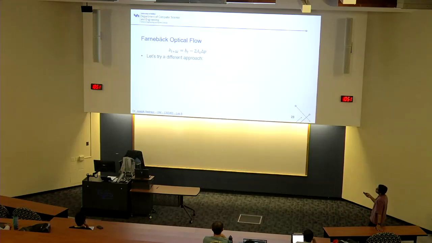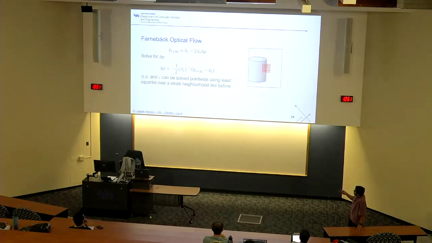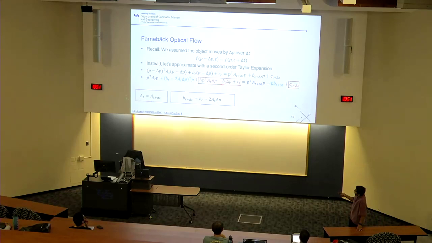So I jumped the gun a little bit with the least squares minimization, but one of the things that we got earlier over here was that A_T equals A_{T+ΔT}, and what does that imply?